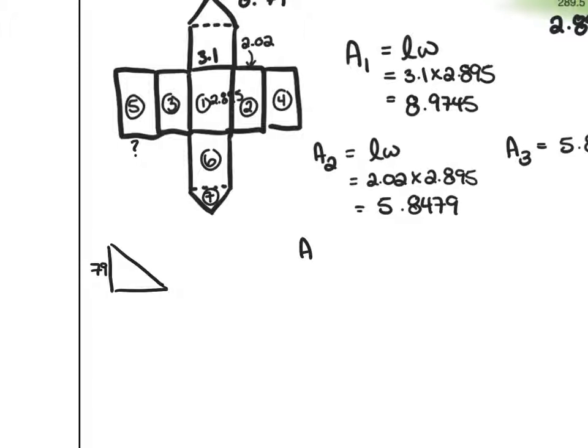So if we just do 0.79 and then half of that, 3.1, we can find out the length of that using c squared equals a squared plus b squared.